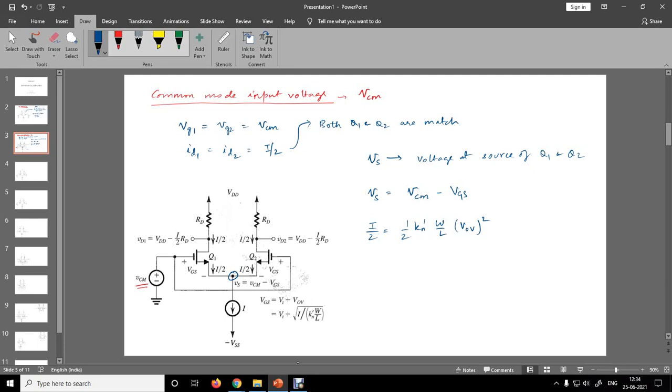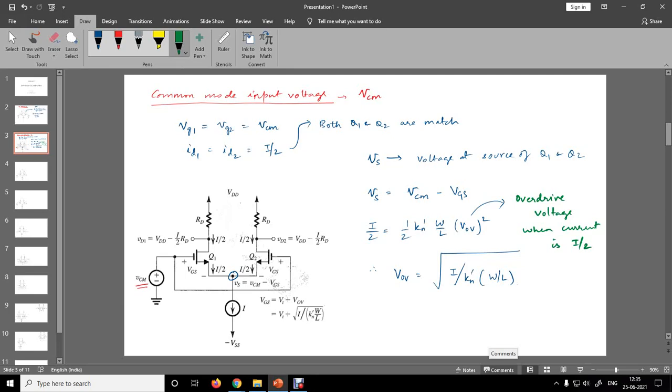So from this, I can write VOV as square root of I divided by Kn prime into W by L. So VOV here is the overdrive voltage of the MOSFET when the current is I by 2.